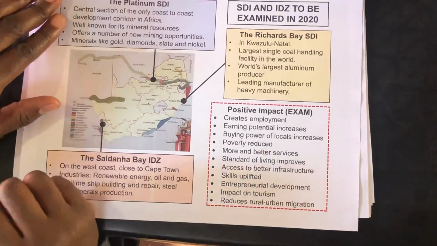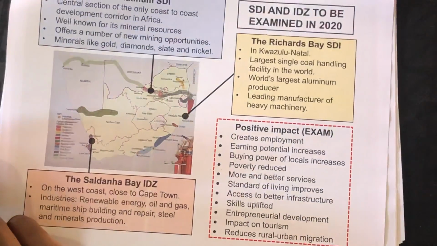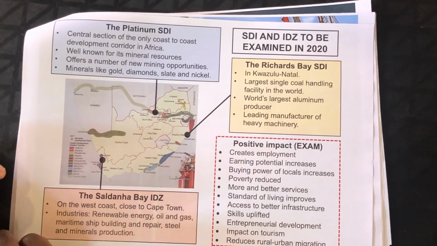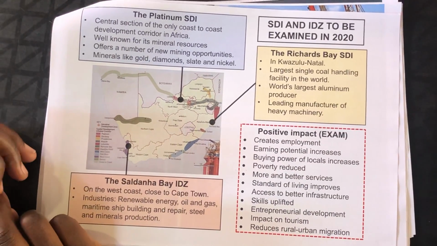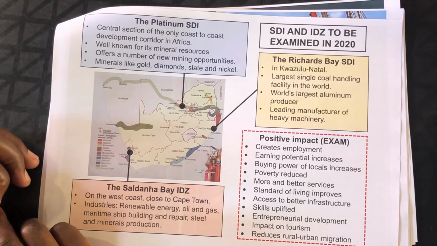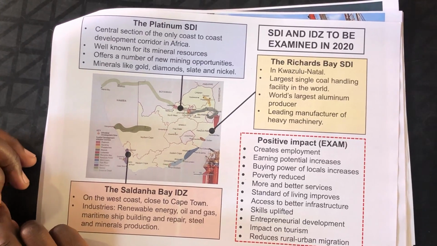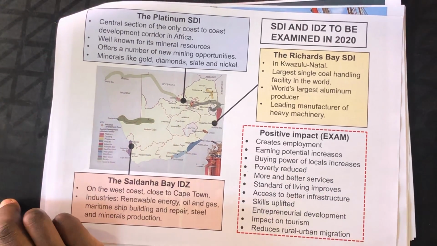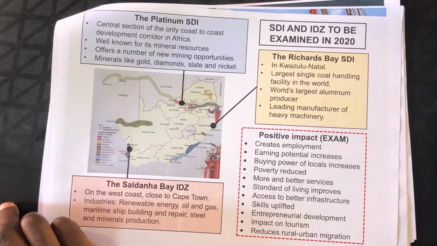Now, I'm going to give specific reference to the Platinum SDI, which is located in the Northwest. And it is central to one of the only coast-to-coast development corridors in Africa. It's famous for its mineral resources, which is mainly platinum. That's why it is called the Platinum SDI.